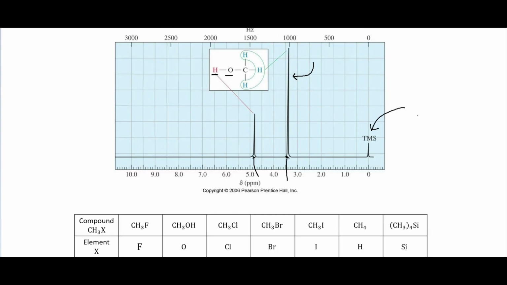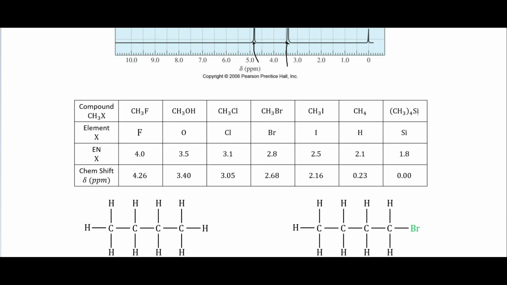And so, as I said earlier, different elements bound to it are going to give us different amounts of shift here. So if we're looking at compounds bound to a methyl group, so fluorine or OH or chlorine or bromine and so on bound to our methyl group here, we can see how much of a chemical shift that will give us compared to our tetramethylsilane right here.